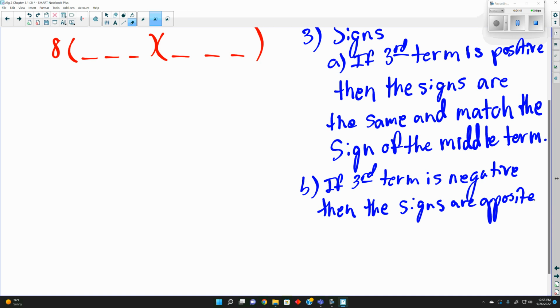So the only time that we're really looking at the sign of the middle term is if the third term is positive.